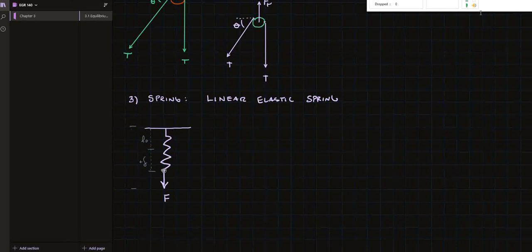And then there's just a total length we could represent here as L. So L0 is our undeformed length. L is the total deformed length, or the total length.